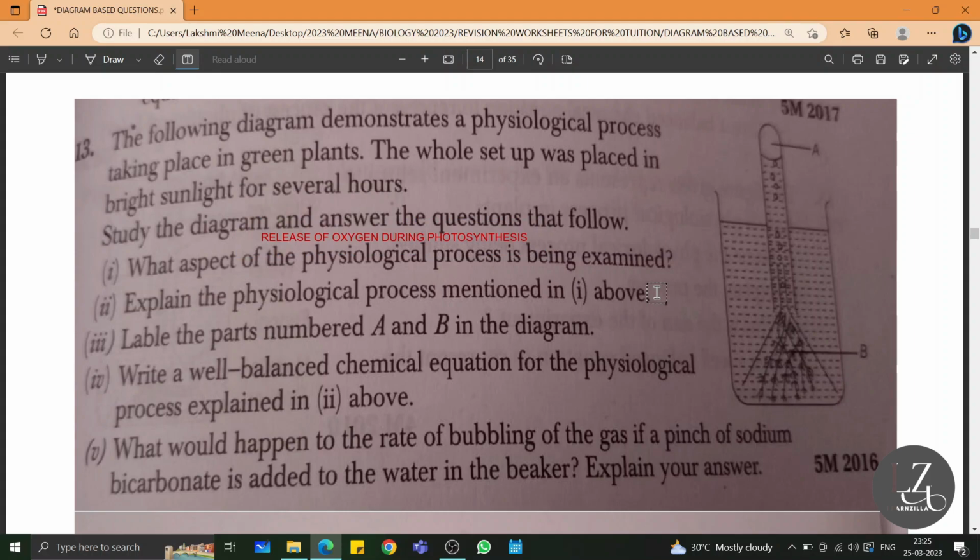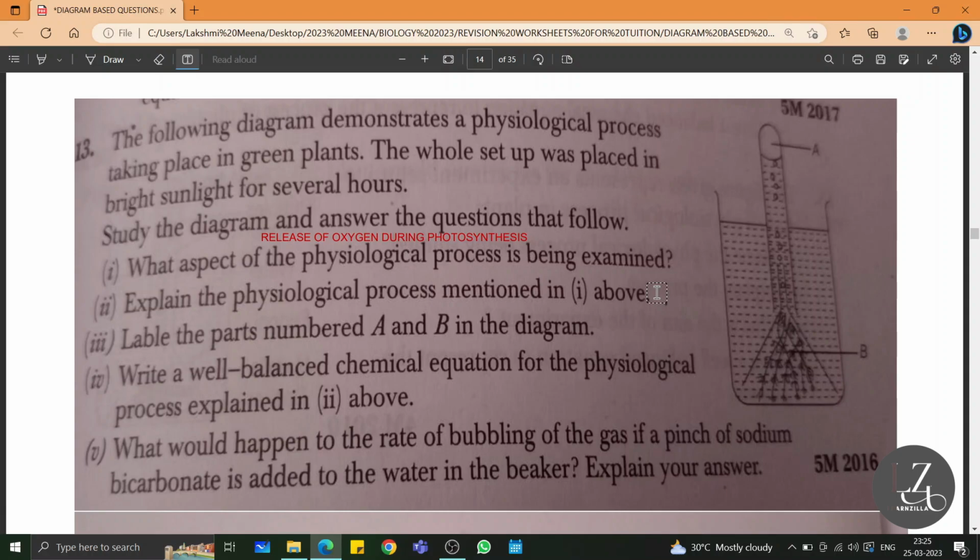Photosynthesis is a process taking place in green plants in which carbon dioxide and water are used in the presence of sunlight and chlorophyll to produce sugars or food.